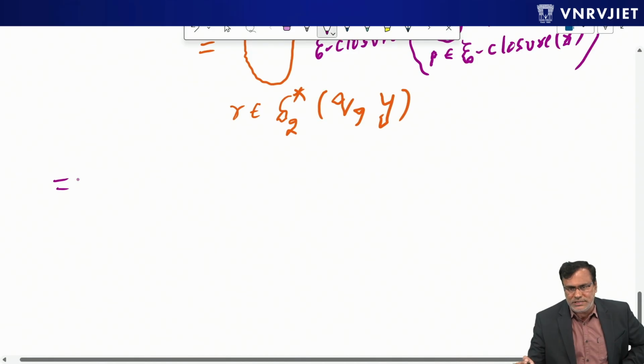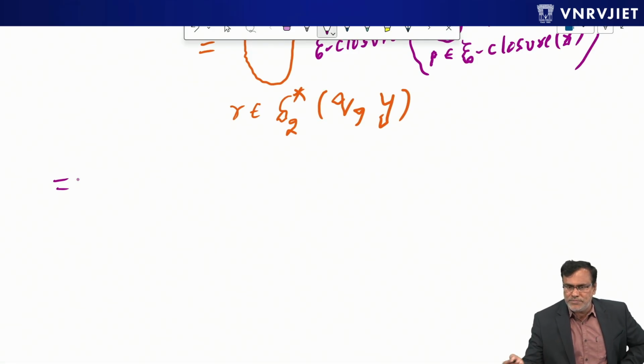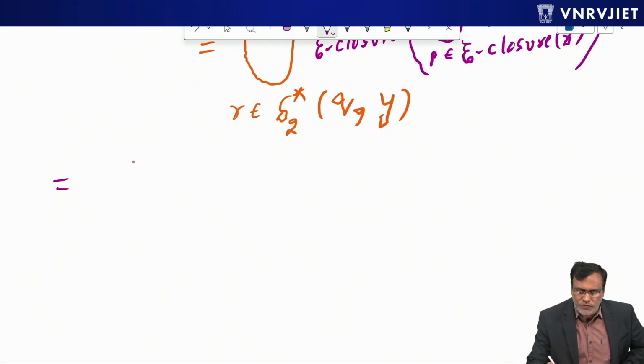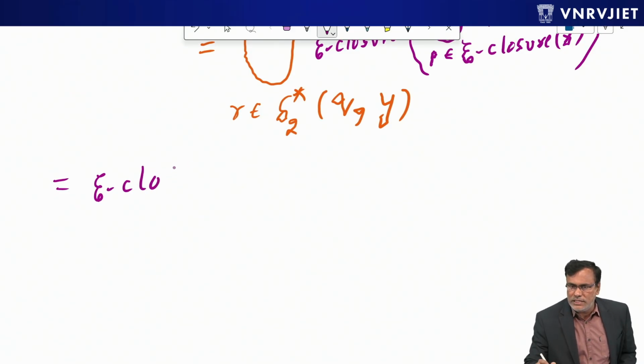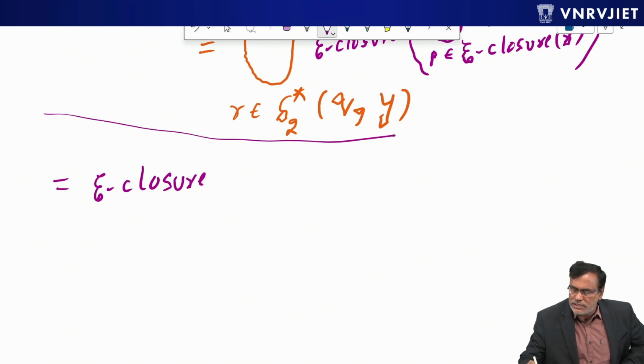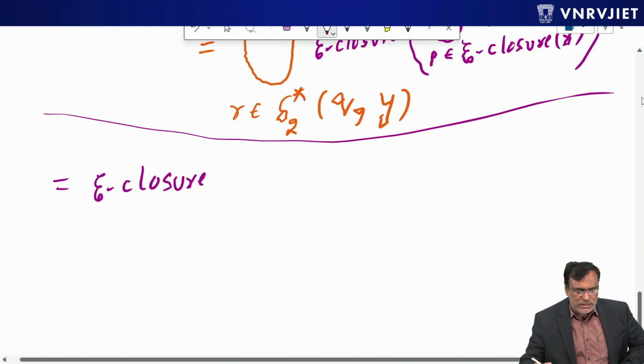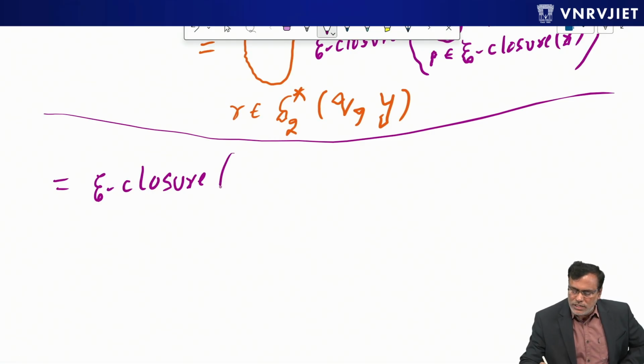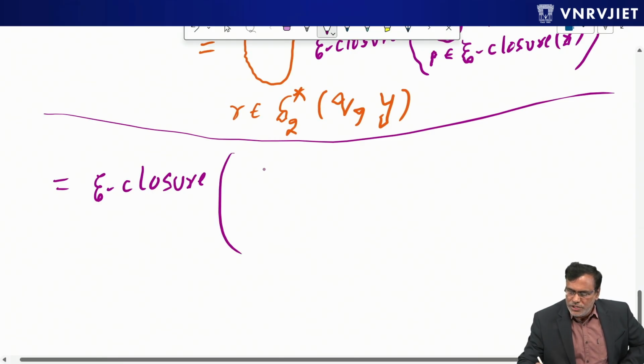Therefore, I can rewrite this as: I am taking this epsilon closure that is inside and putting it outside. Epsilon closure of, just changing the order, union of, the rest of the things are the same.